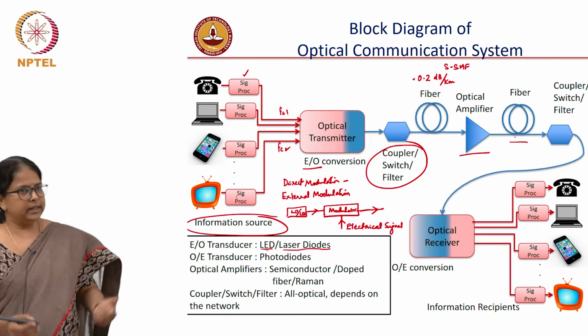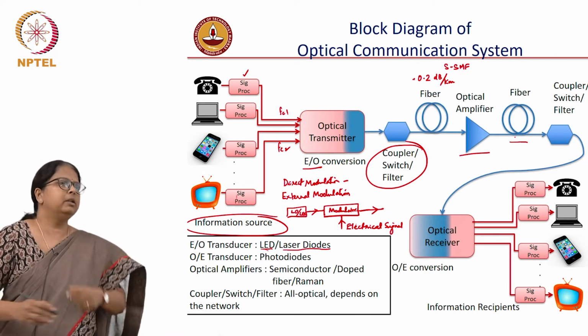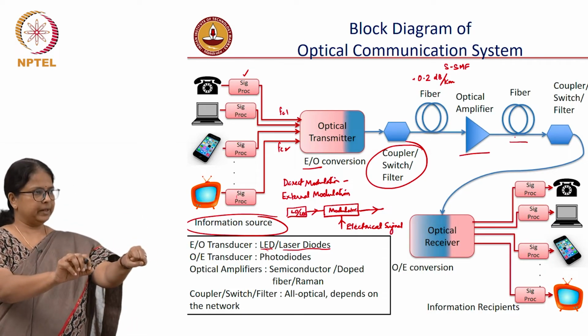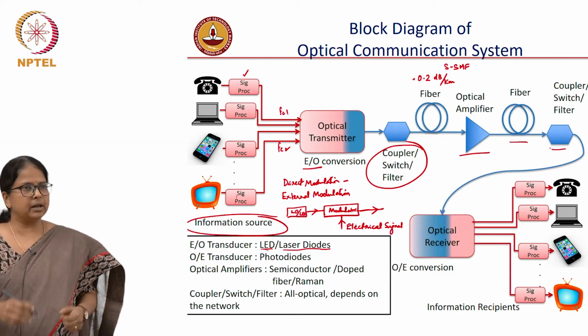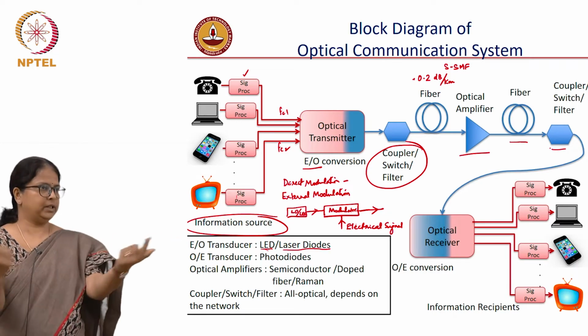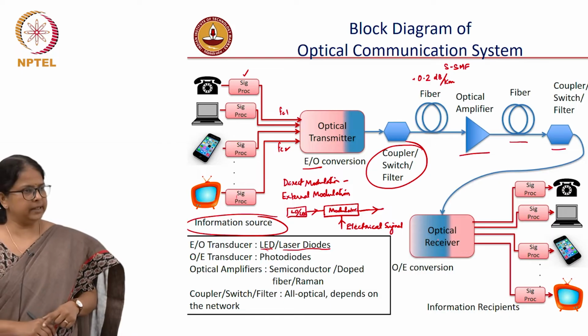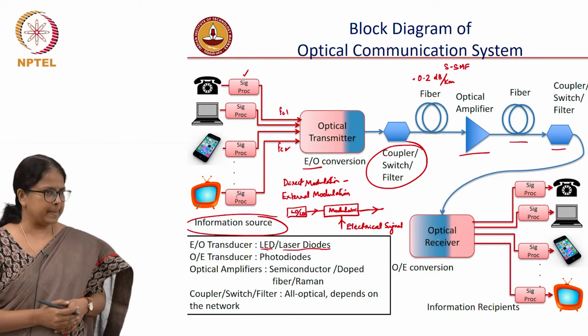It could go through other lengths of fiber depending on the link that you have. You could have multiple spans, you could have only a single span, you could have a point-to-point network without an amplifier, and so on. Then again at the receiver end, there could be a coupler, switch, filter, router, etc., depending on what network you are building. And then you have a receiver, which is basically an optical to electrical converter.